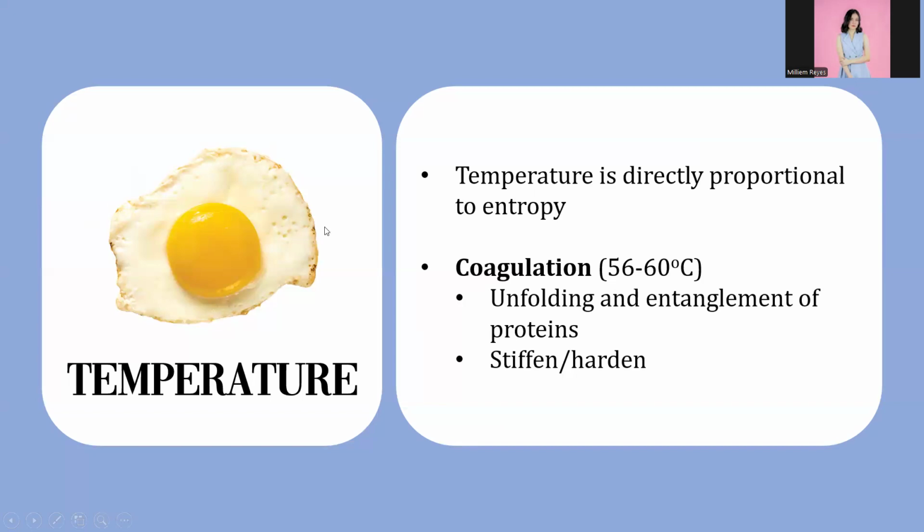A very good example is the egg. Diba when we start cooking an egg, yung white part ng egg especially, it's very clear. You can still see through it. But after you cook the egg, temperature increased, entropy increased, na-shake up yung structure ng proteins, na-unfold siya, tas nag-entangle with each other, kaya nag-stiffen and nag-harden si egg white.